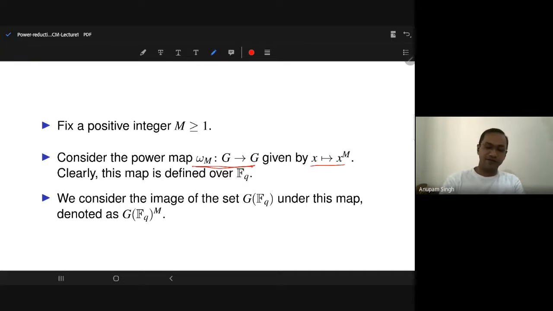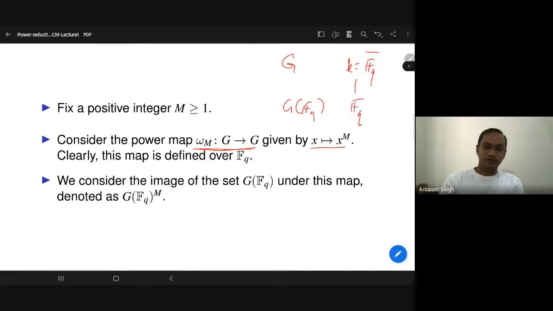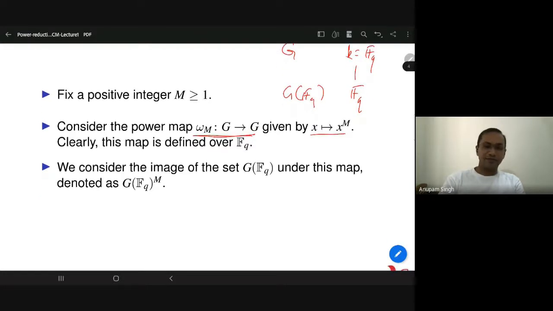Keep in mind that I am always thinking of my situation where K is the algebraic closure of F_q, and I have the field F_q. So I have G, which is defined over F_q, so I will think of F_q points. I have the power map, which sends every element to its mth power.